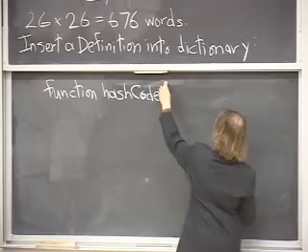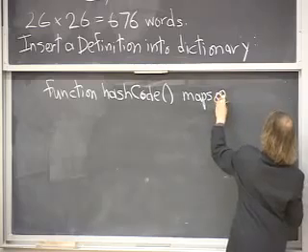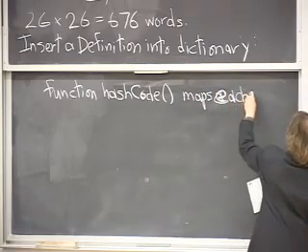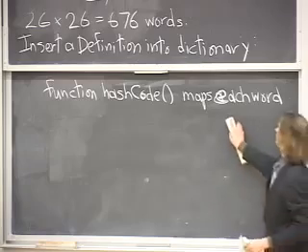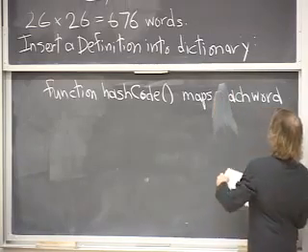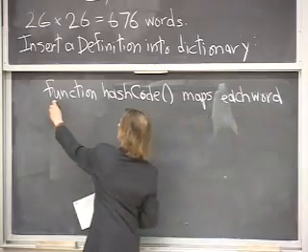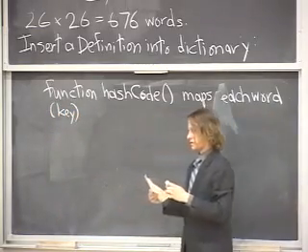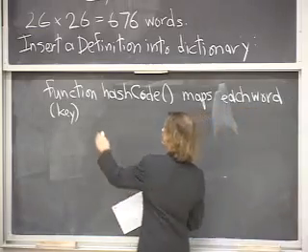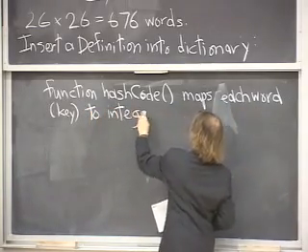And what hashcode does is that it maps each possible two-letter word, or more generally, maps each possible key, to a unique integer in the range 0 to 675.